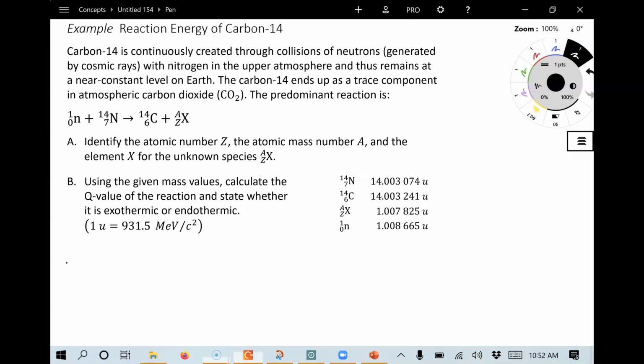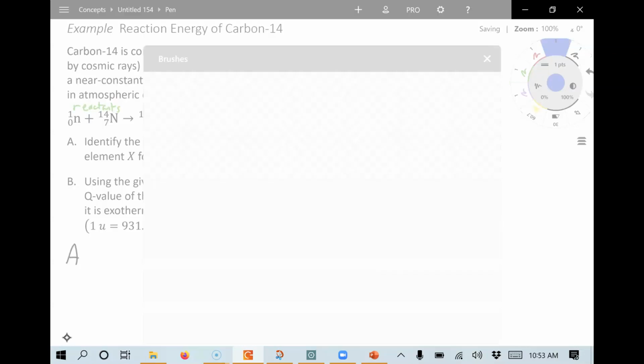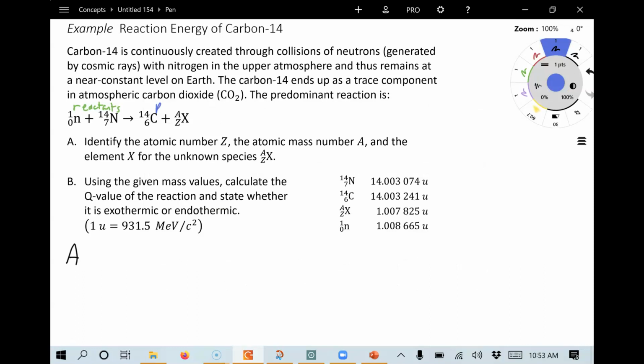For part A, the key idea is that both sides of the equation, the reactants and the products, certain things need to have the same value when you sum them up on both sides. For example, the mass number A. I'm going to call this R for the reactants.